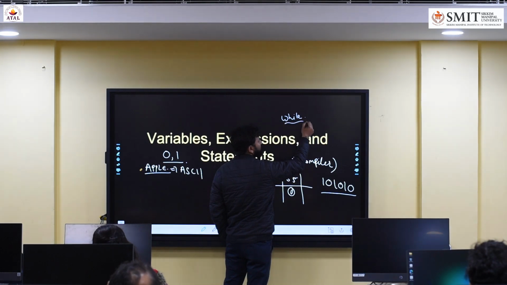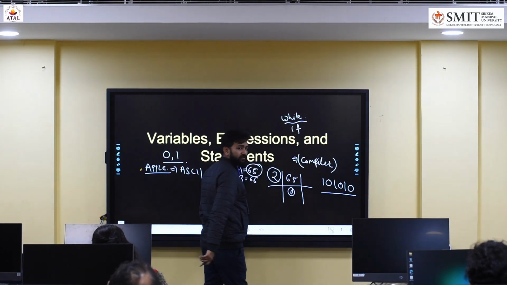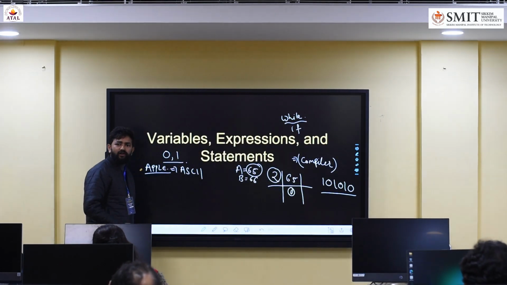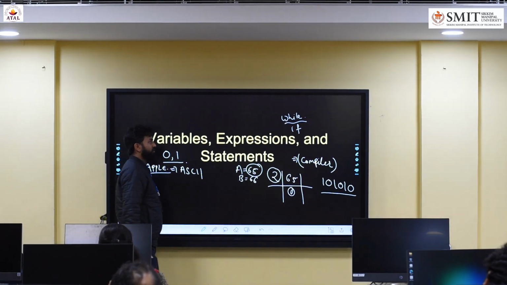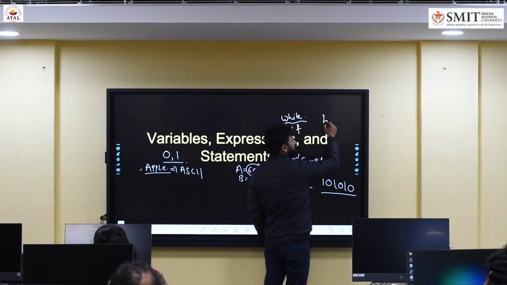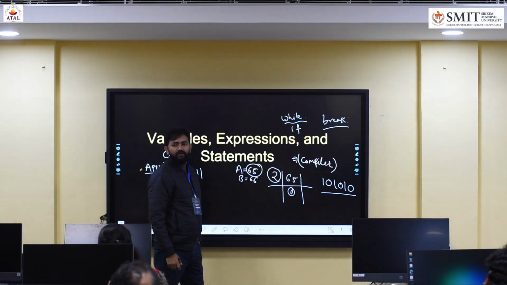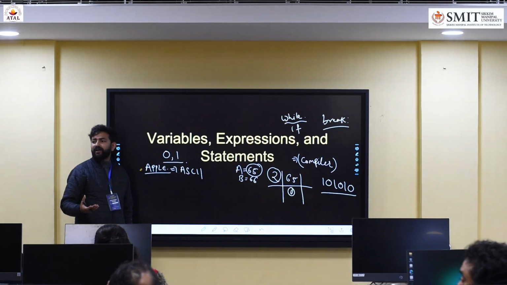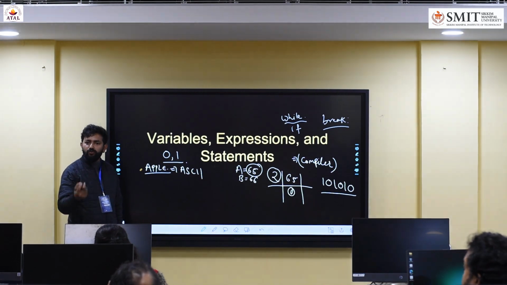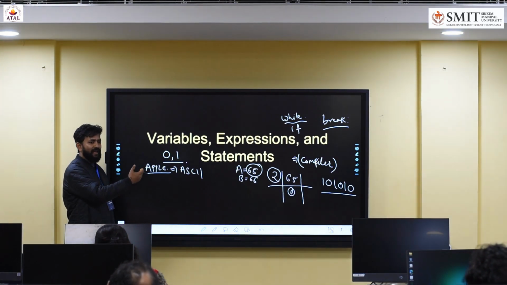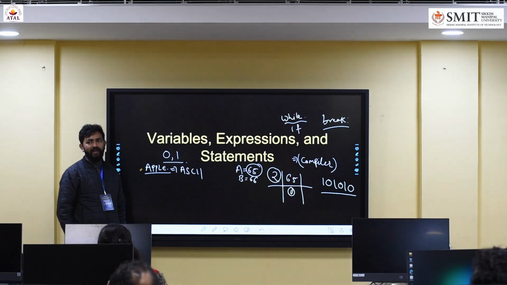What is the meaning of while? What is the meaning of if? We all know what is the meaning of while, if, and break. But the machine doesn't understand at all. So whenever we are writing a program in human understandable language, we say that it is a high level language.